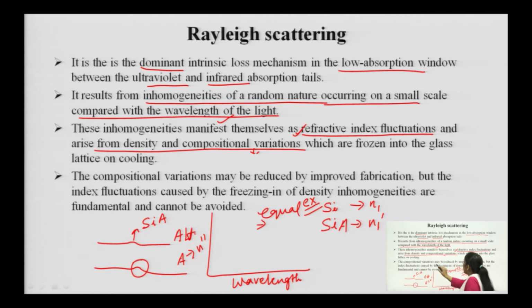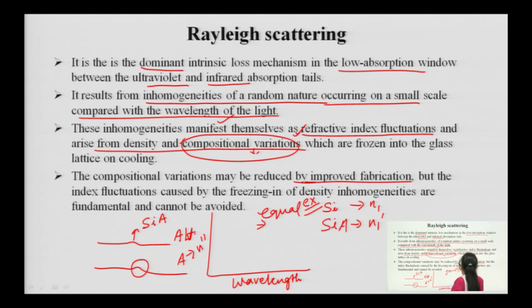This compositional variation may be reduced. So, there is a way to reduce this particular scattering loss by this compositional variation reduction, by improved fabrication.